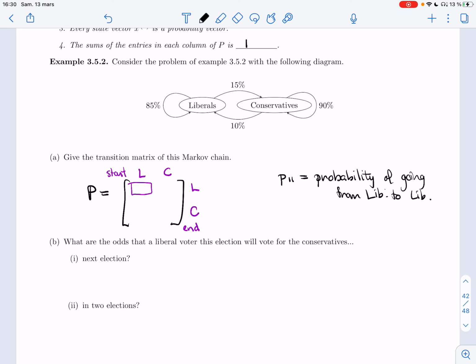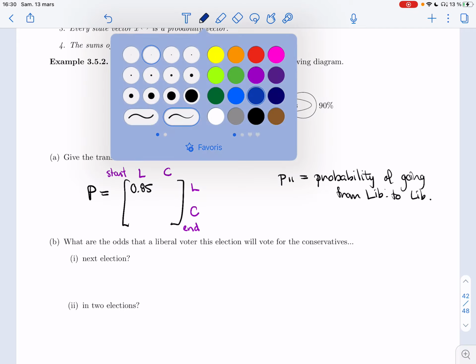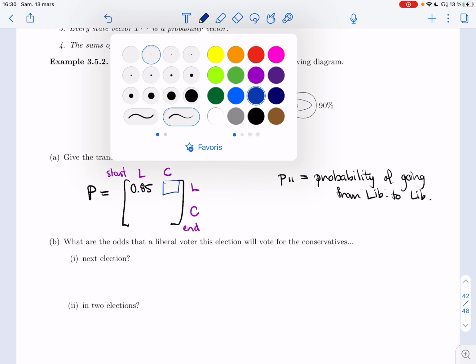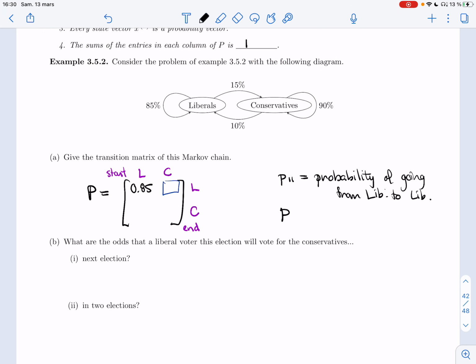You stay liberal, that's 85%, so I'll write 0.85. And then the next one over, this entry here, is the probability of going from conservative to liberal.